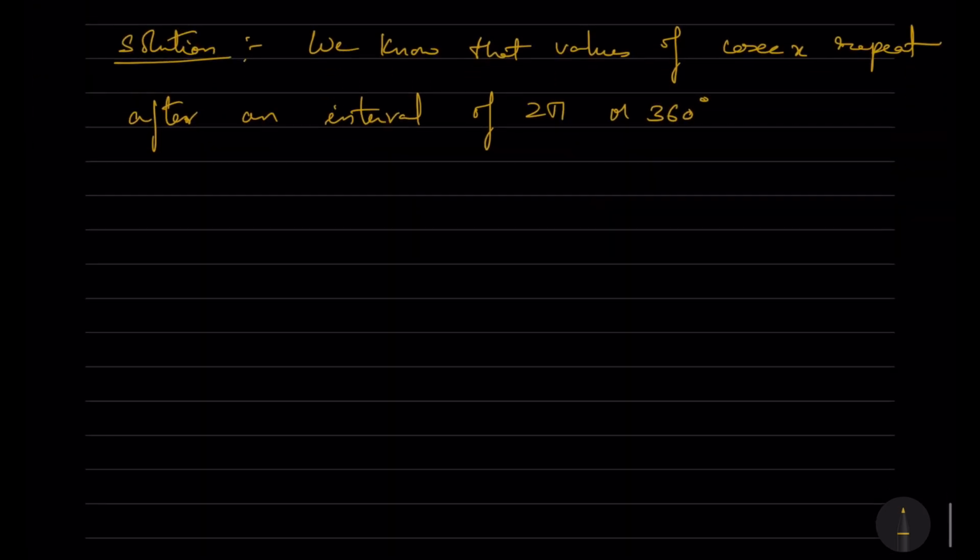So we get here cosecant of minus 1410 degrees is equal to cosecant of minus 1410 degrees plus 4 into 360 degrees.